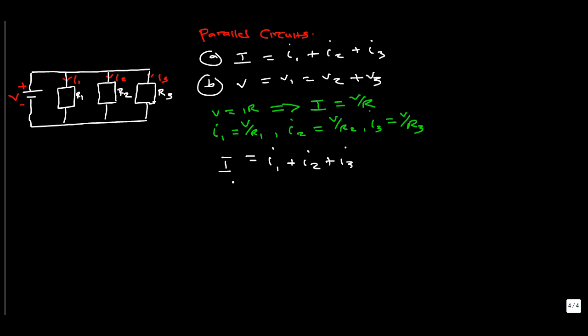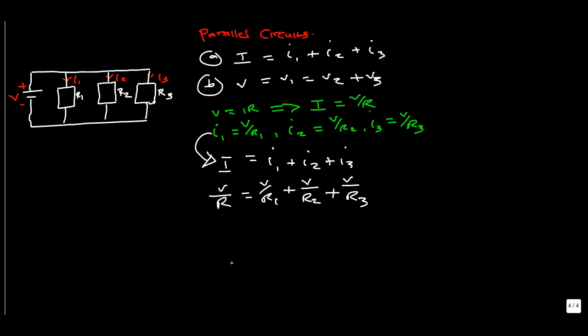So we can rewrite this using Ohm's law: V over R, so your total voltage over your total resistance, is equal to I1, which is V over R1, plus I2, which is V over R2, plus V over R3.